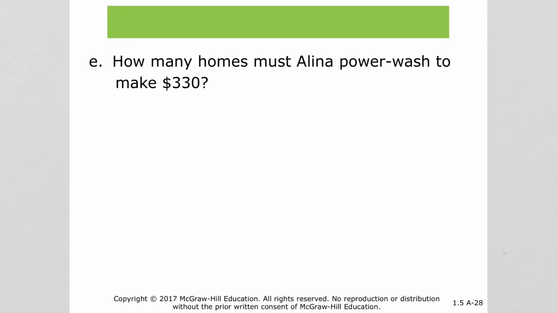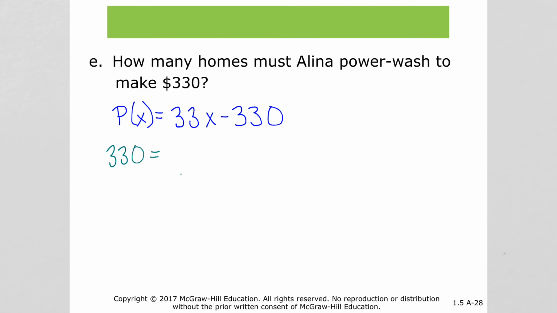And part E asks, how many homes would she have to wash to make $330? So this time we're solving for X. We want to know how many homes. So $330 is her profit.